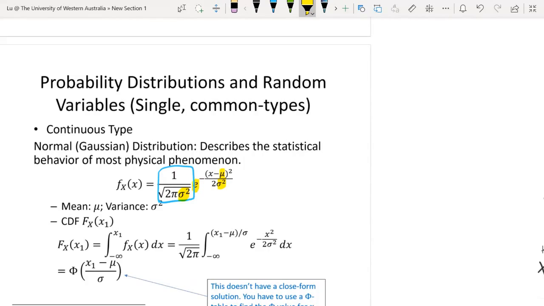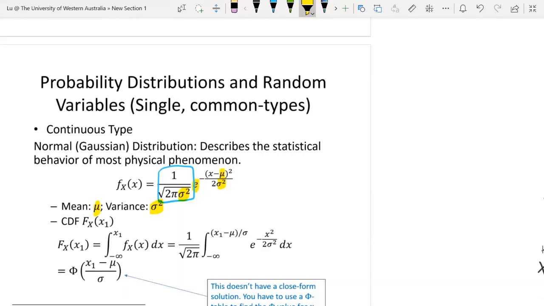And for such a normal distribution random variable, its mean is mu, its variance is sigma squared. Actually, these two values can be read directly from this PDF curve or the PDF mathematical expression.